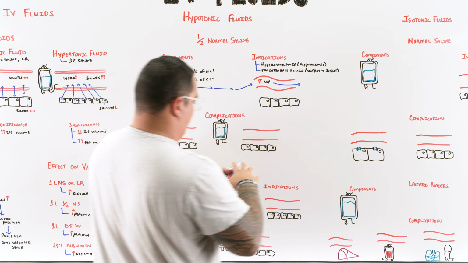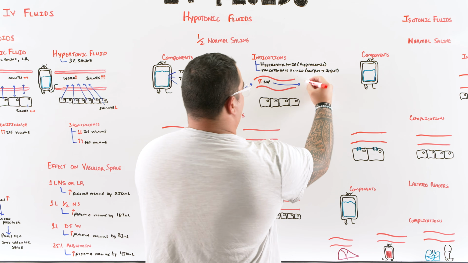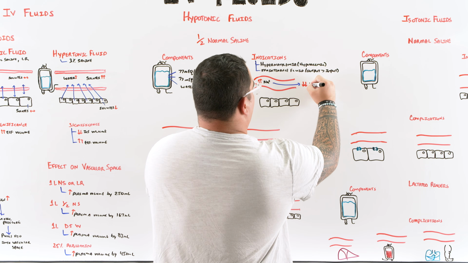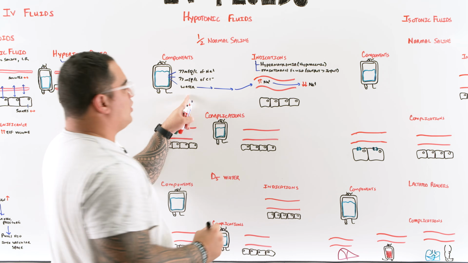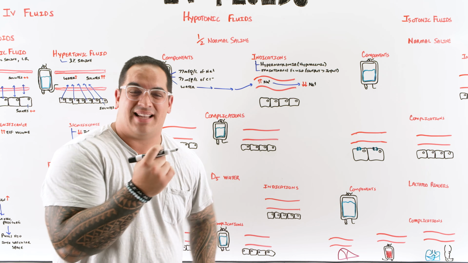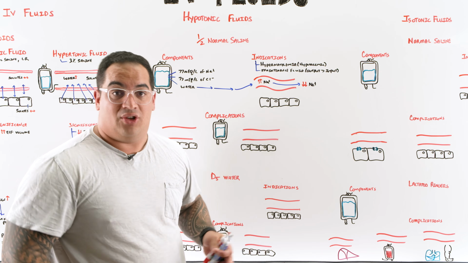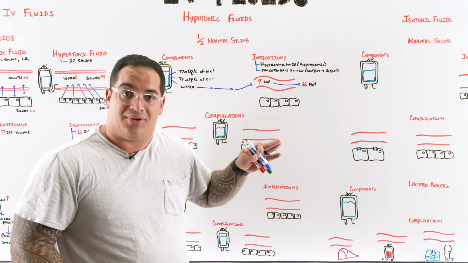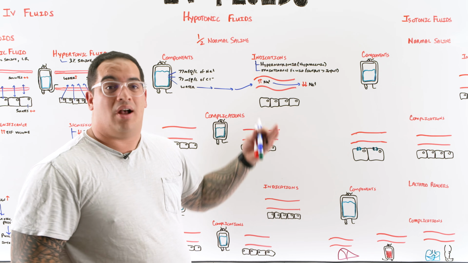You're going to effectively bring down that sodium. All right? And so that's the benefit to giving this. Plus, you're also going to be expanding their intravascular space by about 167 mLs every 1 liter that you give. So it'll fill them up a little bit, and it'll also bring down their sodium and replace any losses.